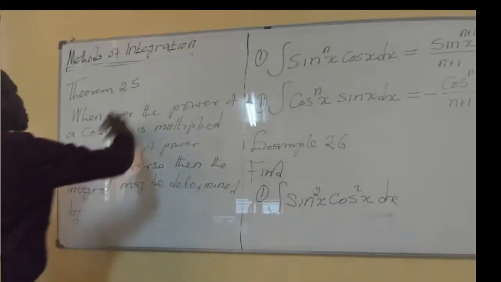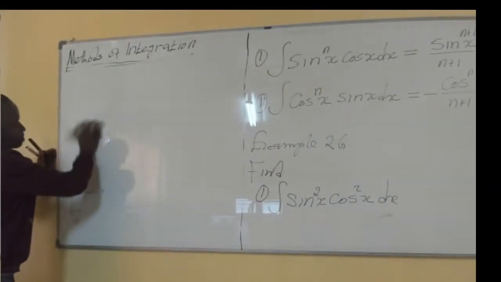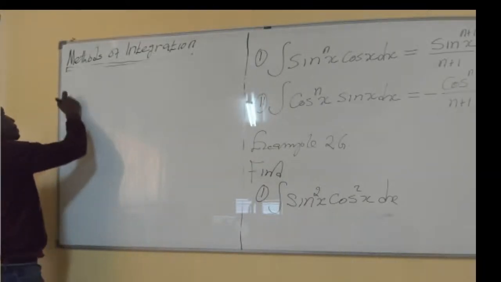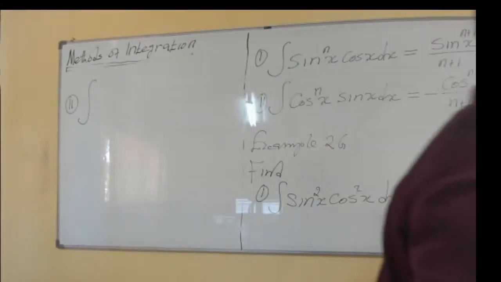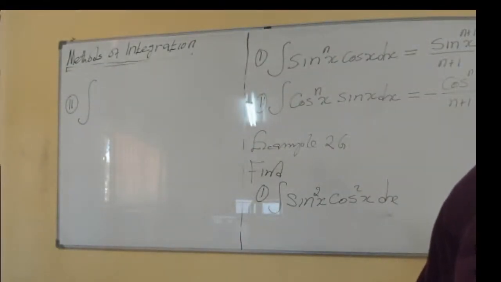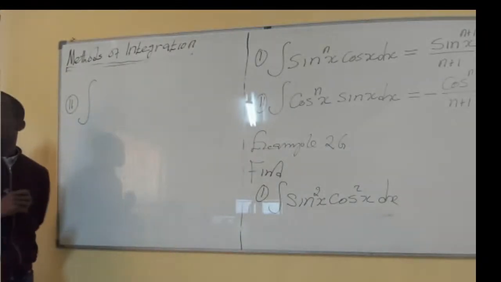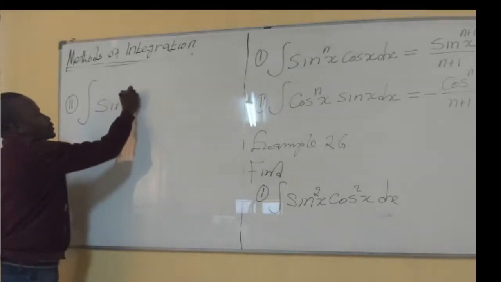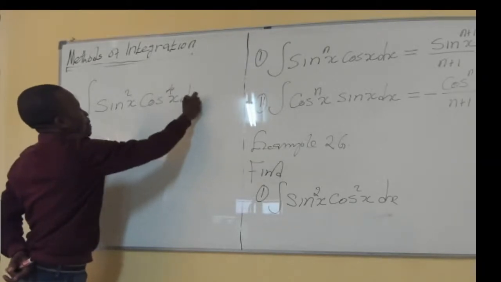The second one is the integral of sine squared of x times cosine 4 of x dx.